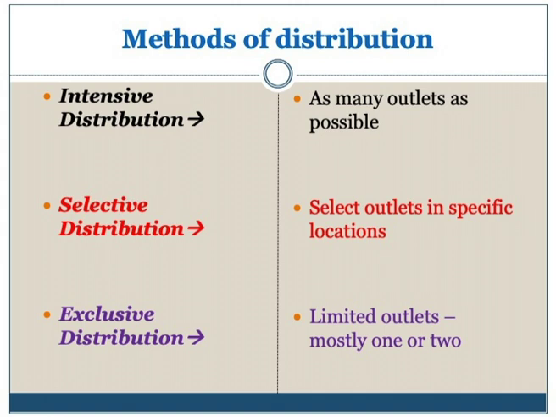Methods of distribution. There are three methods of distribution through which the manufacturing firm can decide to disperse its products in the market: intensive distribution, selective distribution and exclusive distribution. In case of intensive distribution, the company will sell its products through as many outlets as possible. Whosoever is ready and willing to give shelf space to the product, the company will place its product in those retail outlets.